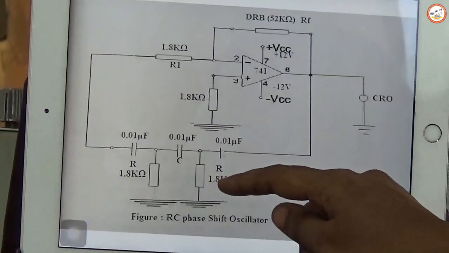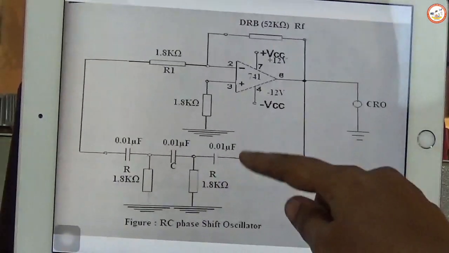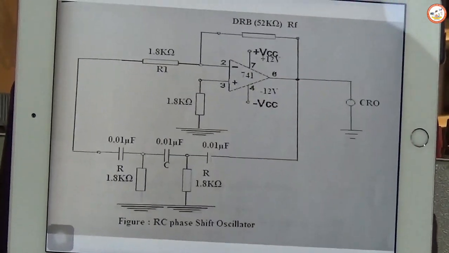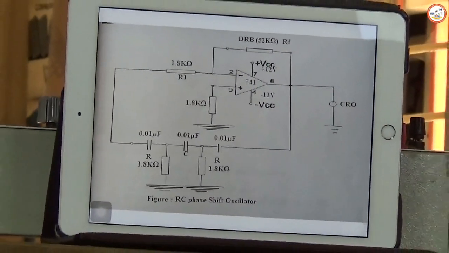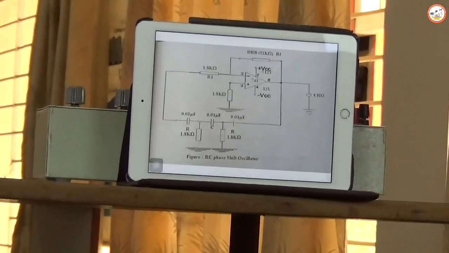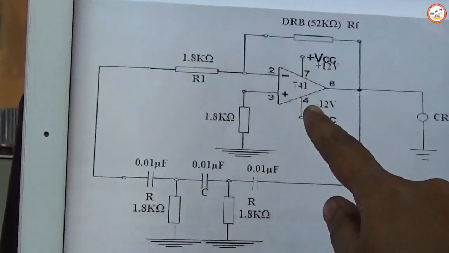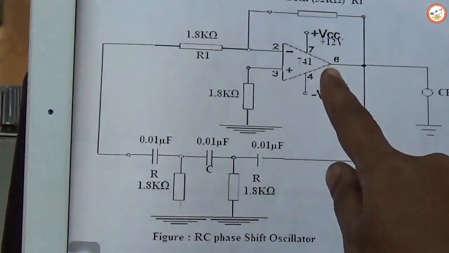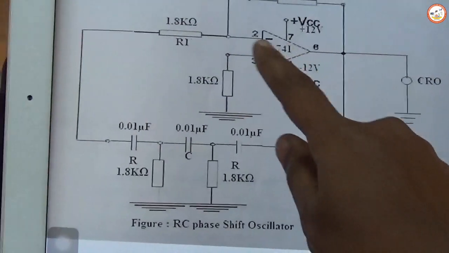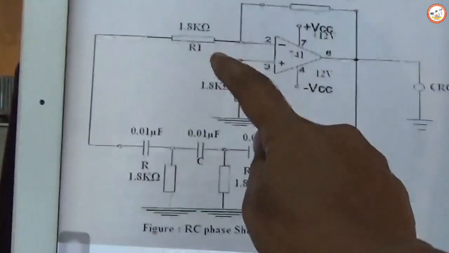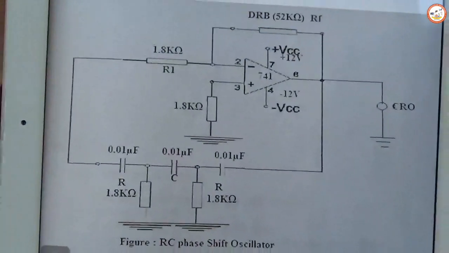Why have we made use of 3 RC sections? As we know, we need to satisfy 2 conditions. The second condition is the loop phase shift, which must be either 0 degrees or 360 degrees. The operational amplifier is configured as an inverting amplifier. In an inverting amplifier we get a 180 degree phase shift, because we are giving the input signal to the inverting terminal. At the output, with respect to the input, we get a 180 degree phase shift.